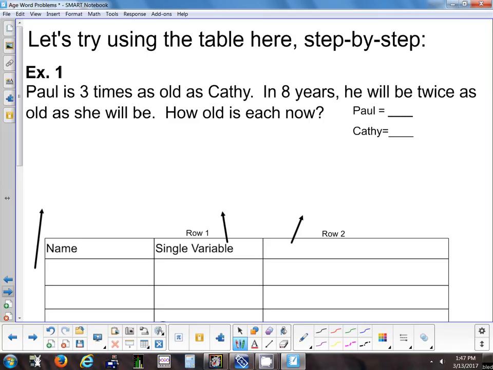I'm going to write in names. All I'm going to do in this first row is write in the people's names that are in the problem. Very simple.